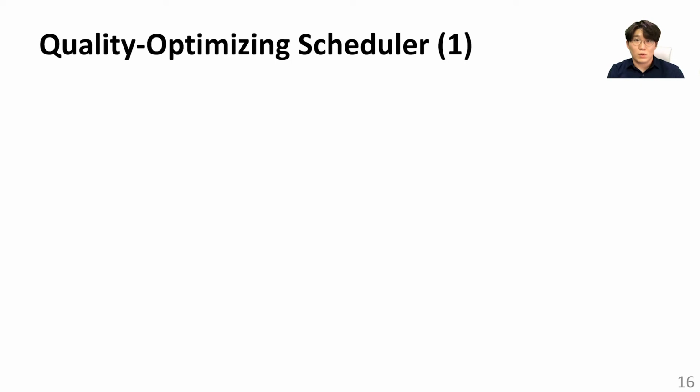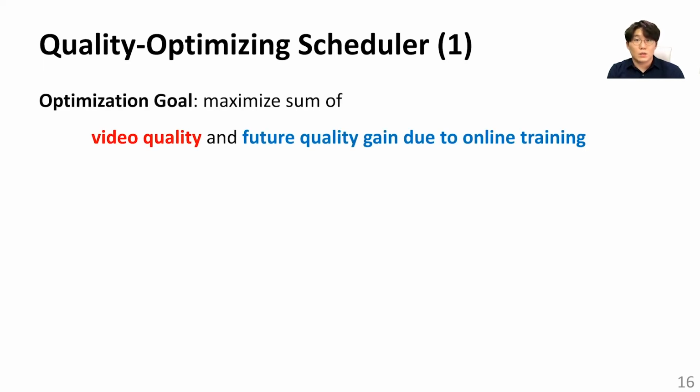The goal of Quality Optimizing Scheduler is to allocate bandwidth use between video and training patches that results in maximum video quality. The optimization goal is expressed as a sum of video quality and the future discounted quality gain due to online training. We observe that optimization objective is concave function.